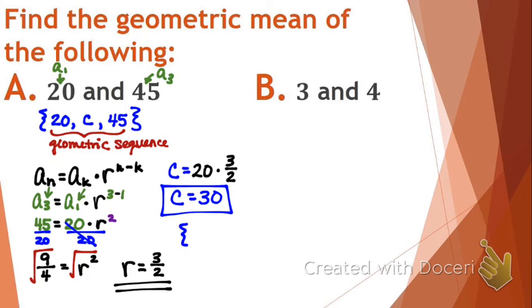Let's look at this and see if it makes sense. Sequence started with 20. If you multiply that by 3 over 2, or 1.5, you get 30. What's 30 times 3 over 2? 45. So we do have a geometric sequence here.